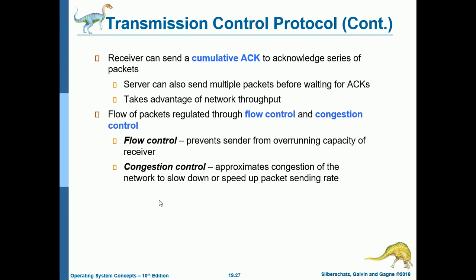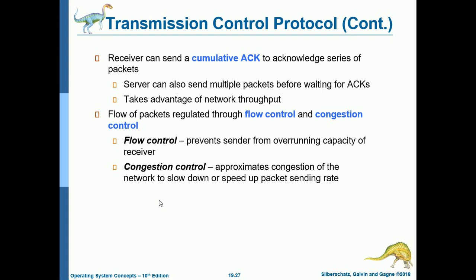Flow control prevents the sender from overrunning the capacity of the receiver. So it has some prior information that this client can only accommodate that much data. While congestion control approximates congestion of the network to slow down or speed up the packet sending rate.